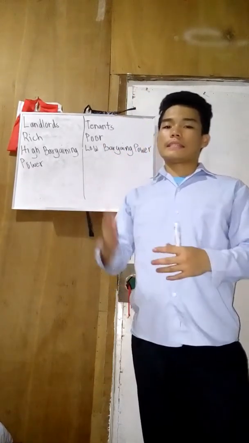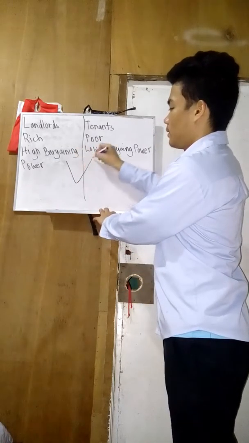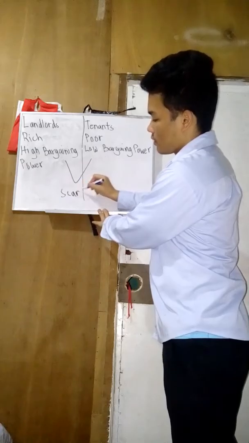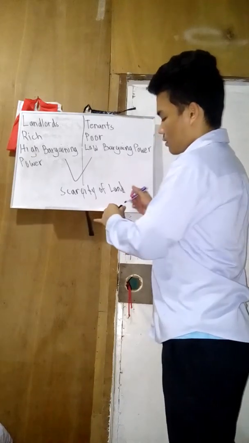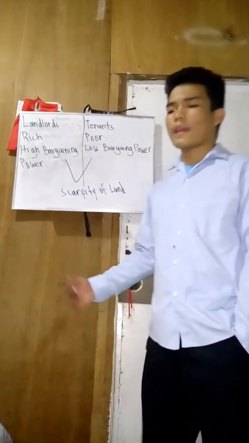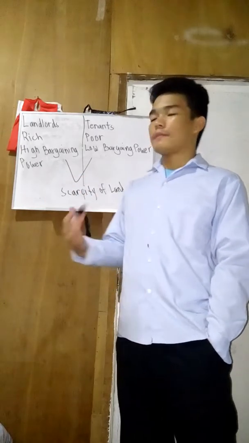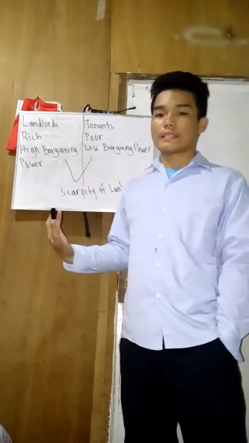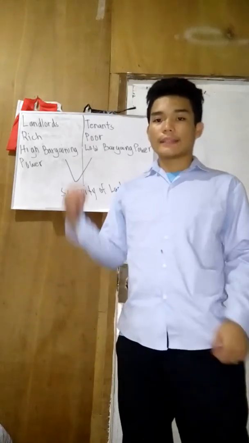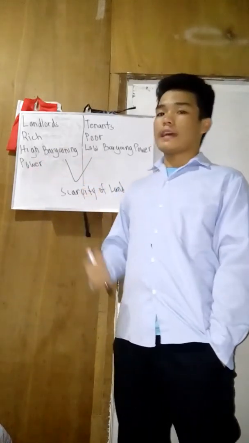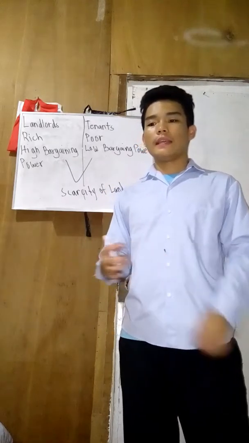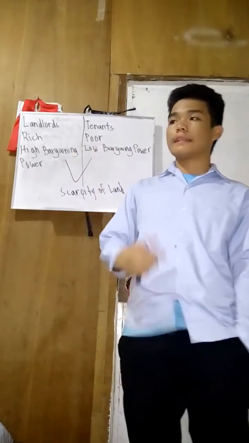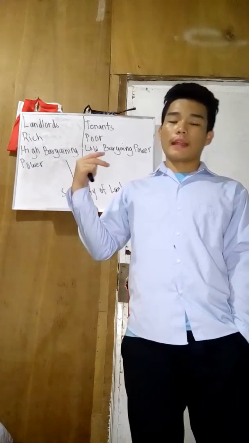Because of the scarcity of land. This is the main reason why the landlords have the high bargaining power over the tenants. Another reason is that, as I said, the landlords are the rich and the tenants are the poor. Because of the high bargaining power of the landlords over the tenants, the landlords will win.